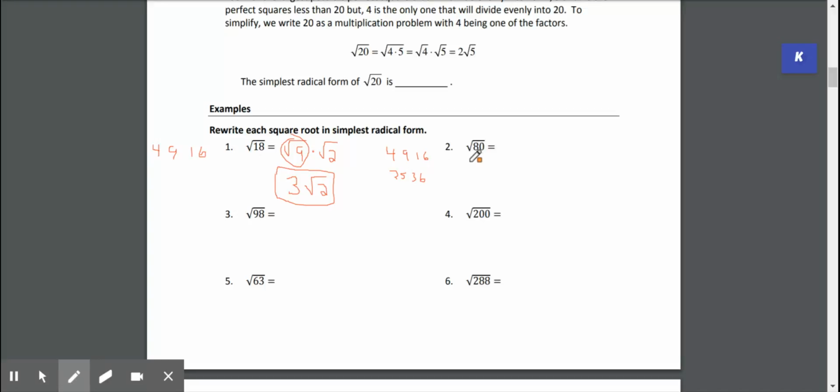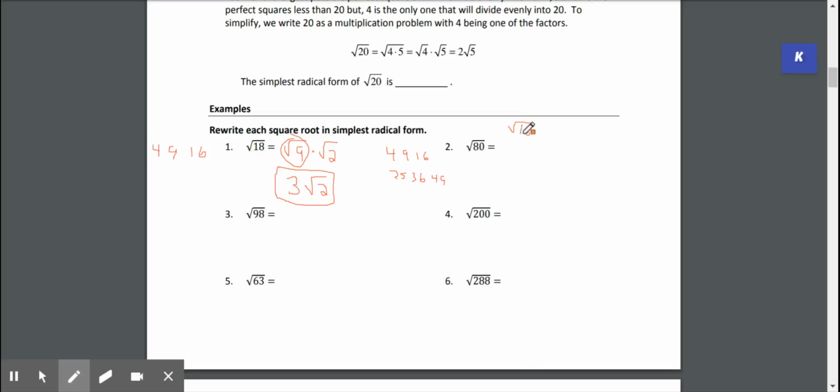I'm going to write 49, but I really don't need to use that. And 64 just wouldn't divide in there evenly either. So we can see that 80 is going to be divisible by 4, and we could start there. But we could go a little further. Is it divisible by 16? It does happen to be divisible by 16.